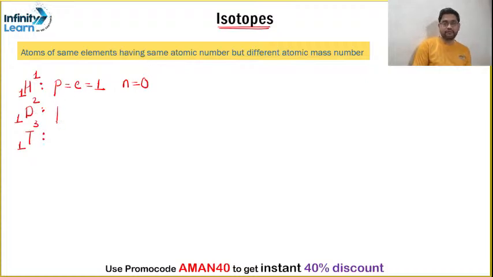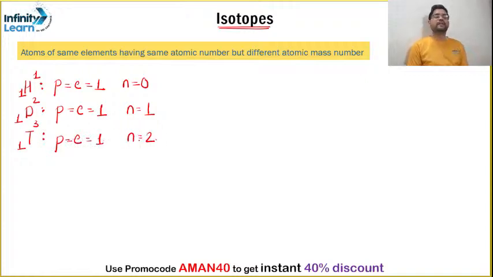In deuterium, proton equals electron equals 1, and neutron is 1. In tritium, proton equals electron equals 1, and neutron is 2. That means isotopes differ in the number of neutrons.